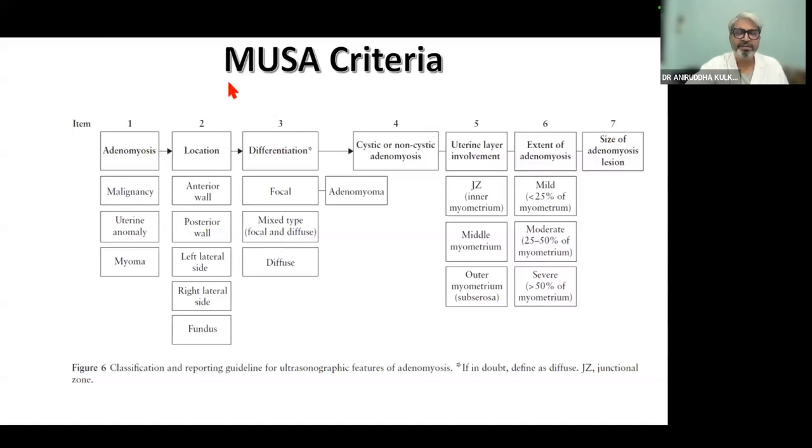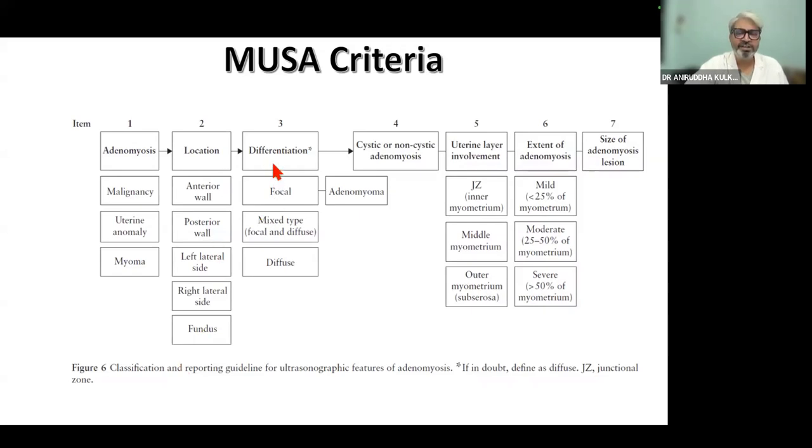Just to sum up, as far as the MUSA criteria are concerned, we started with adenomyosis: location, differentiation, cystic and non-cystic variant, uterine layer involvement, extent of the disease, and size of the lesion. Presence or absence, location: anterior wall, posterior wall, left lateral, right lateral. In terms of location, we have to consider axial and sagittal.